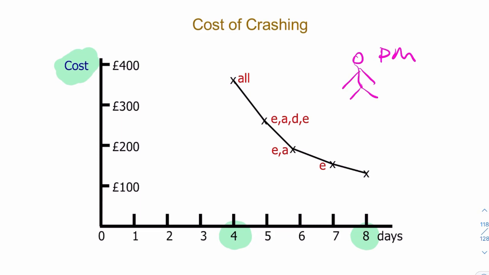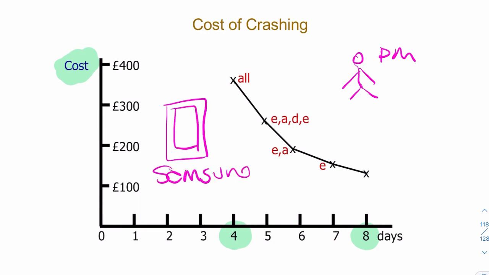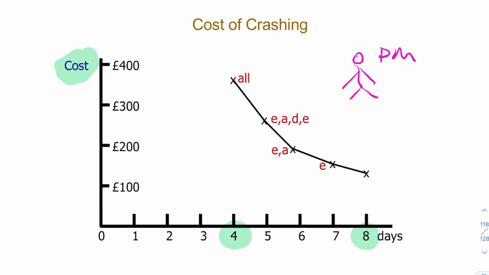Let's say a mobile phone manufacturer, say Samsung, needed to launch their new mobile, their latest Galaxy, and they had already set a date. Let's say they wanted to launch their new Galaxy flagship at an event in September 2021.